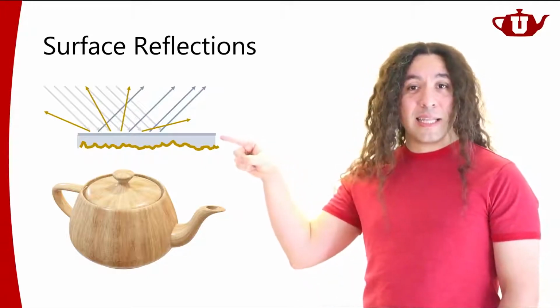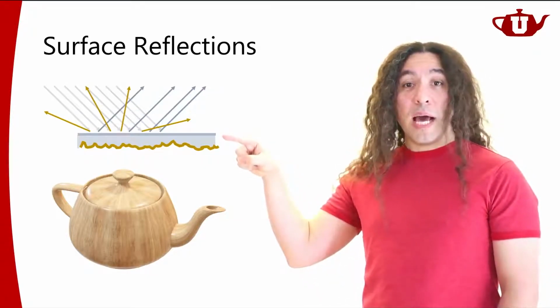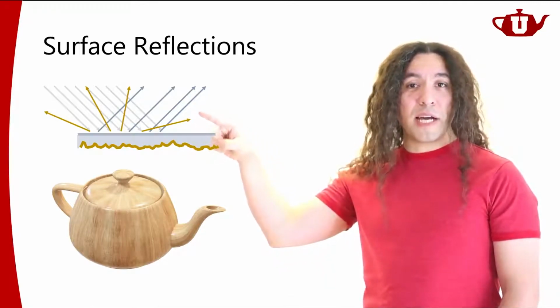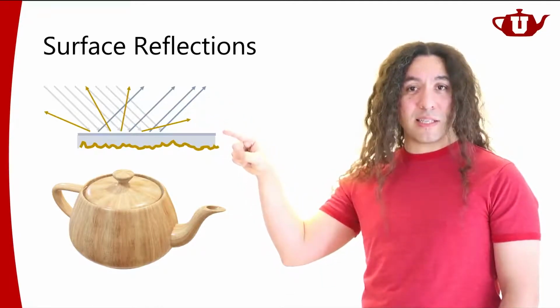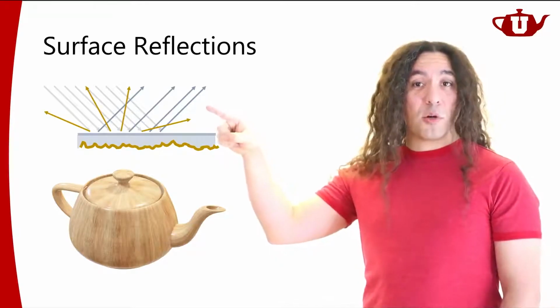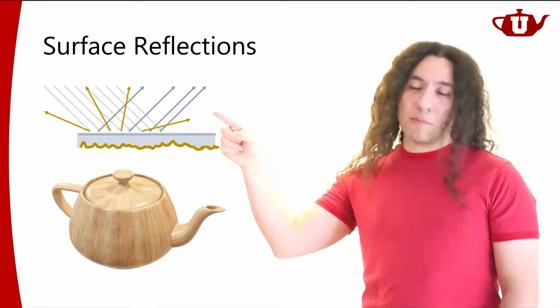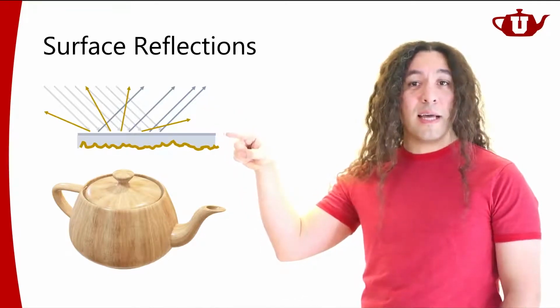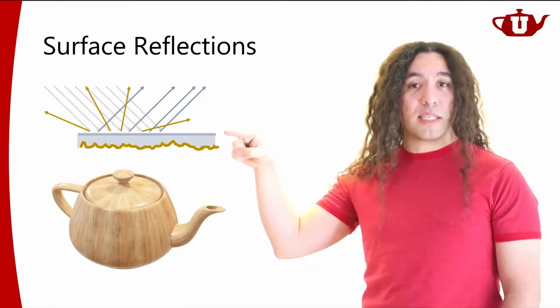So light that's hitting this protective coat, a portion of this light is going to reflect off of that surface. And because this is really smooth, I'm going to see almost perfect specular reflections for the light that reflects off of this surface.